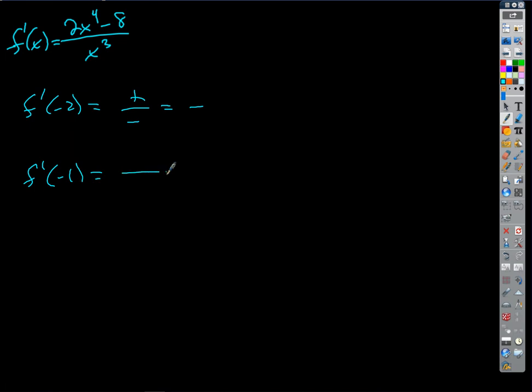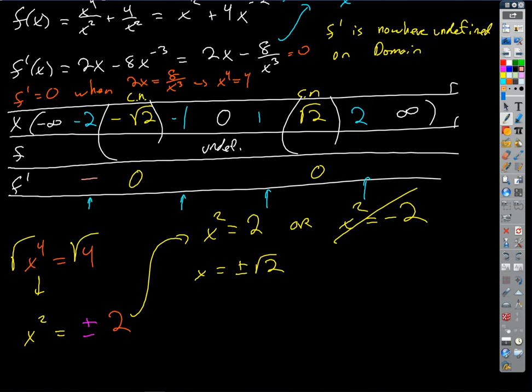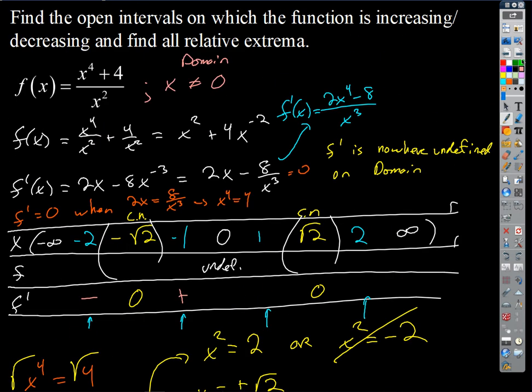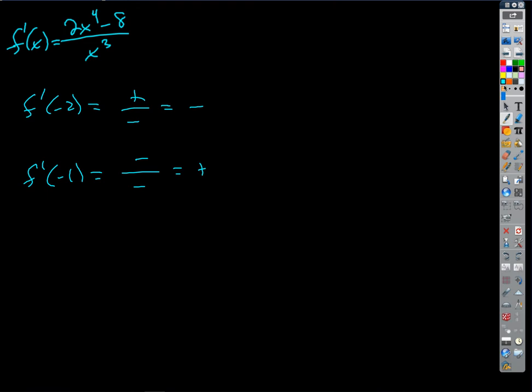On the top I get negative. On the bottom I get positive, so the overall sign is positive. Okay, what about at 1? F prime of 1 is going to give us negative over positive, so negative. And while we're at it, let's do this one. F prime of 2.